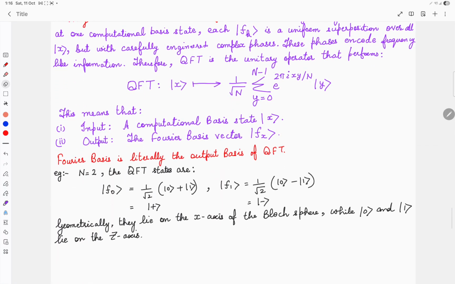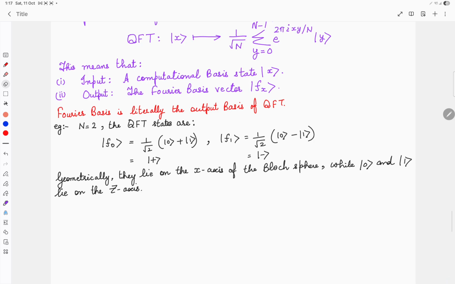So the Fourier basis is literally the output basis of the QFT, and in this example I am explaining for n equal to 2, which is basically |+> or |->. So that is the concept of the Fourier basis states and the computational basis states.